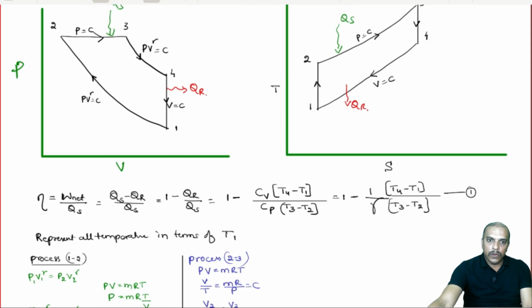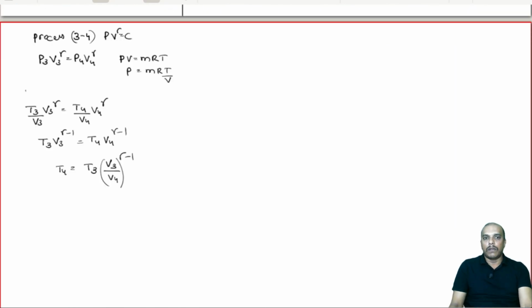So, V3 by V4 we will have to solve, like we use the technique, let us multiply and divide by V2. So, V3 by V4, multiply and divide by V2.